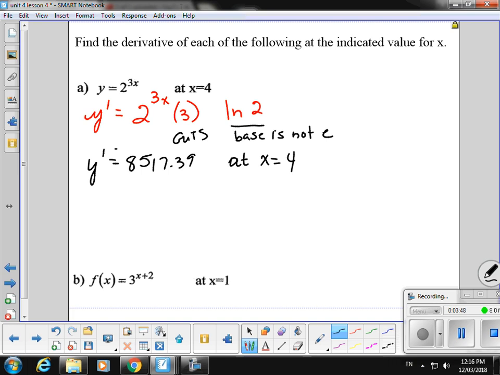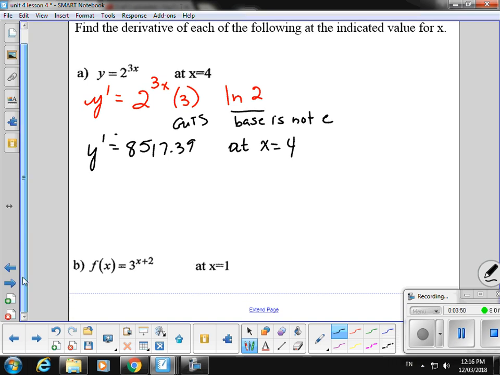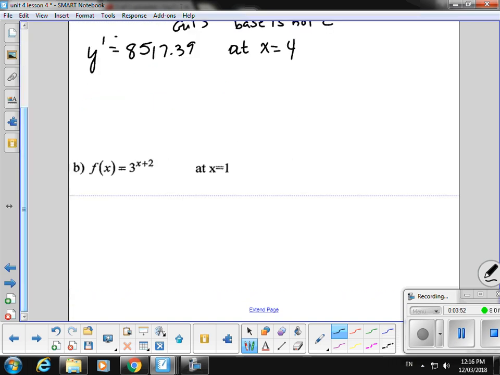Okay, next one. f of x equals 3 to the x plus 2. Our function is a power, not base e. So I've got that little adjustment I need to make for the base. So if f of x equals the power, don't forget the guts.